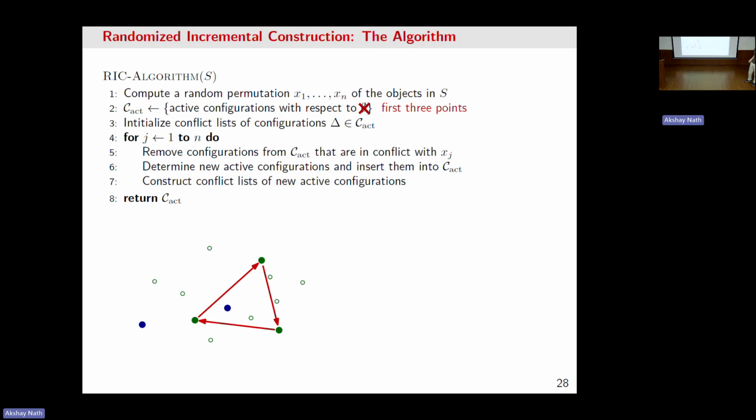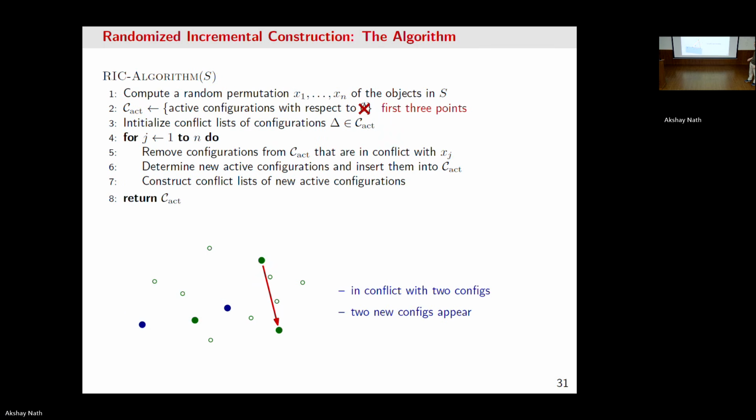Okay, so now I have this. 2 configurations are in conflict, so I like this one and that one. So I have to remove them, and I have to create new configurations. What are the new configurations? Well, simply these 2 things. Here, maybe more generally, a number of edges disappear.